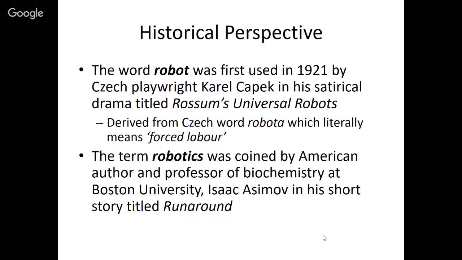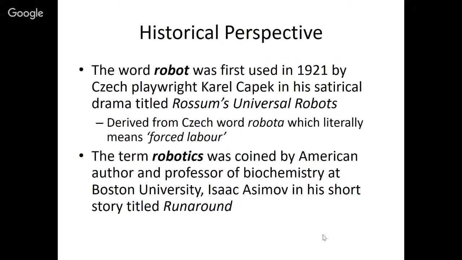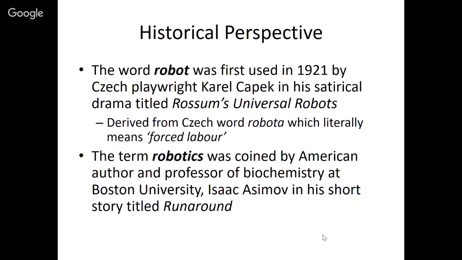If we look at the history, the word robot was first used in 1921 by a Czechoslovakian playwright, Karel Čapek, in his satirical drama titled Rossum's Universal Robots. The word robot in this title was derived from the Czechoslovakian word robota, which literally means forced labor.